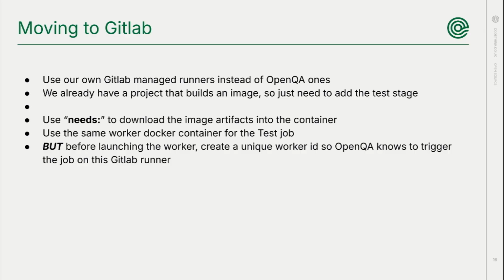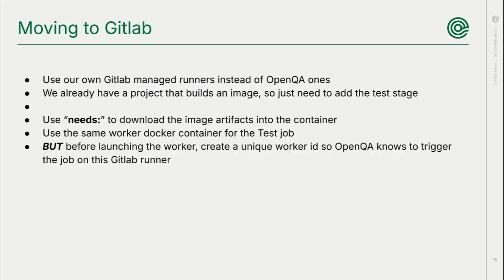Thankfully, this is possible. It's a little bit of an odd use case, I think, for openQA, but it absolutely does work. Conceivably as well, I'm not that familiar with GitHub pipelines, but I think they work broadly the same, so you can also use this with GitHub.